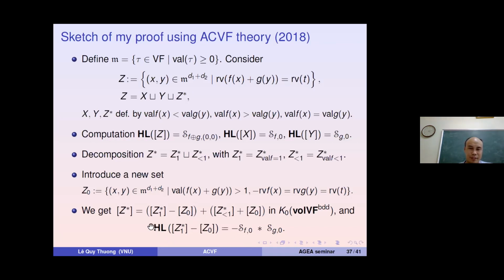Now we can take SL, the image of this under SL. It's nothing but the convolution product of the motivic vanishing cycles of f and g.